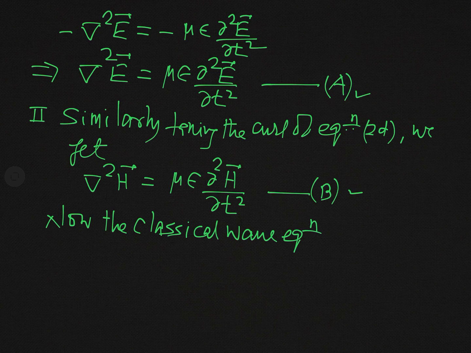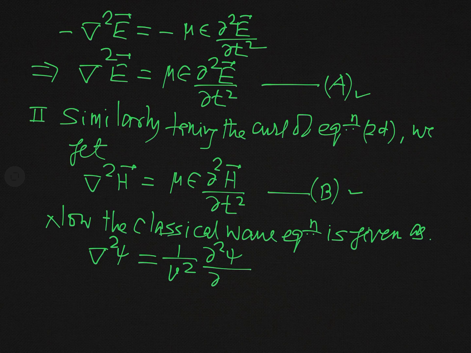How do we write the classical wave equation? You know, it is written as D'Alembert's: this is Laplacian psi, that is del square psi, this is the Laplacian operator, and this is equal to 1 over v square del 2 psi by del t square.